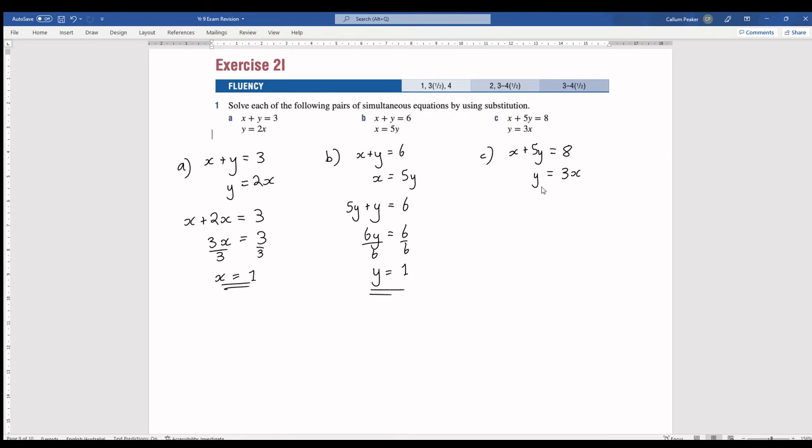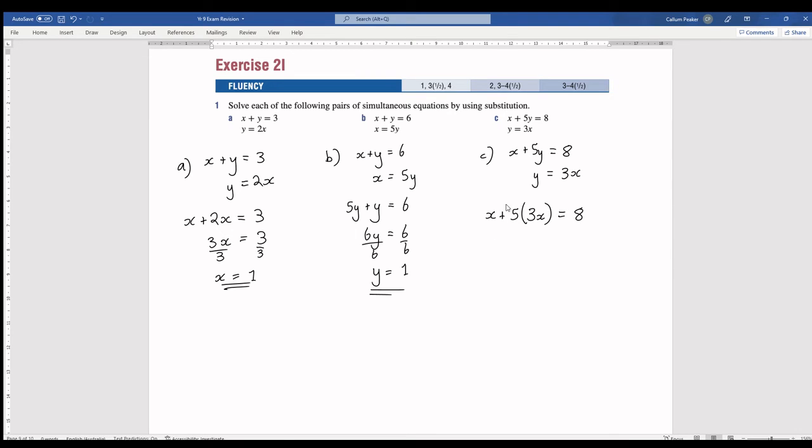Okay, so we'll go over the solution now. So I see I can substitute y into this equation up here from this 3x, so y is equal to 3x. We'll substitute that. So we have x plus 5y, in this case we know y is 3x, so we have 5 times, I put the y in brackets, 3x, and that is equal to 8.